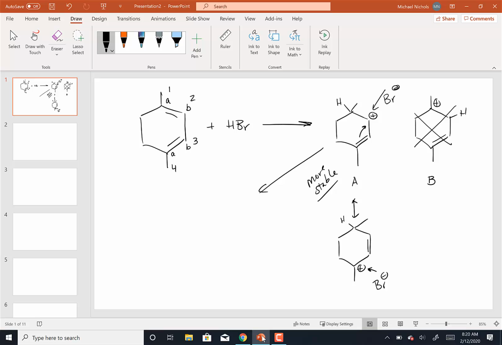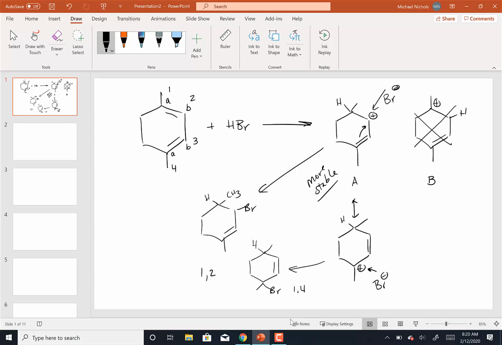That means I'm going to get the H and the CH3 with the bromine attached to carbon 2. So this is called my 1,2 product. Adding the Br minus to the tertiary allylic carbocation gives me my 1,4 product. That's the way we label it: 1,2 and 1,4.